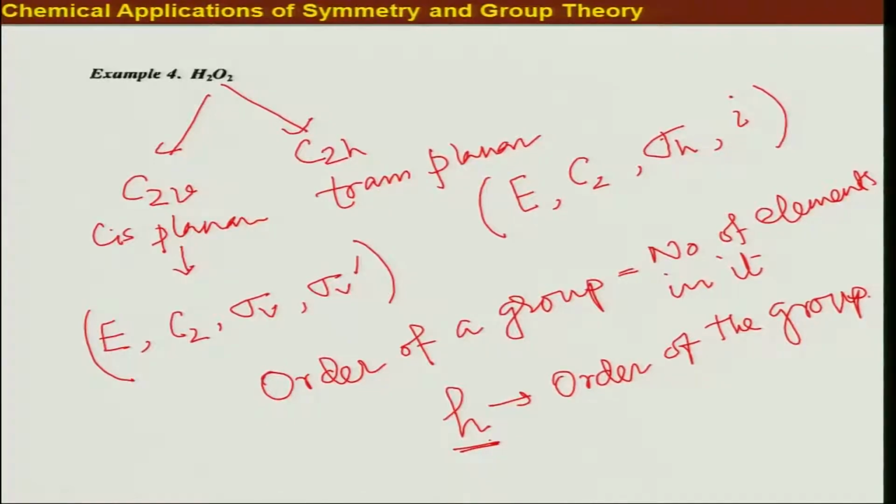Now, one more thing: have you noticed some kind of relations that exist among the symmetry operations of these groups? You should think a little bit about it. Later on maybe we will come back to this topic again.